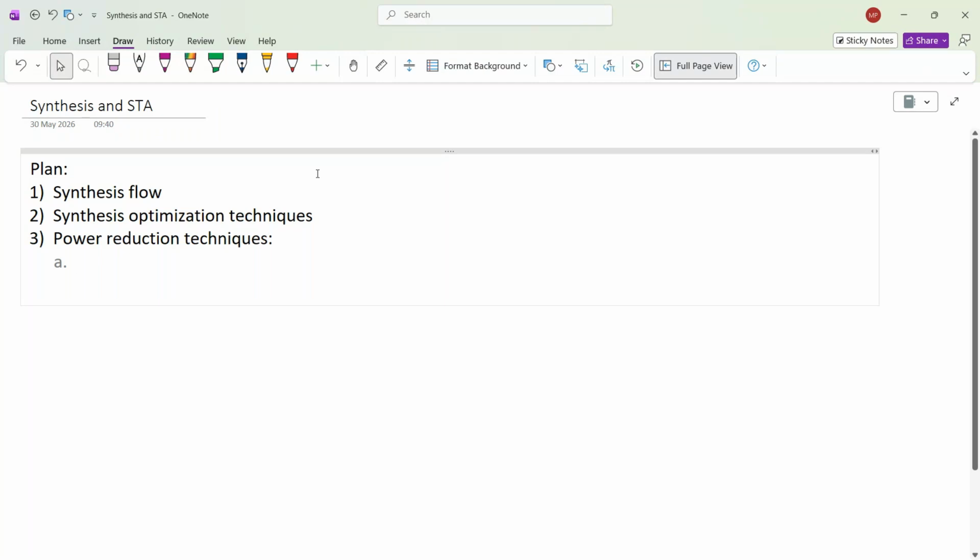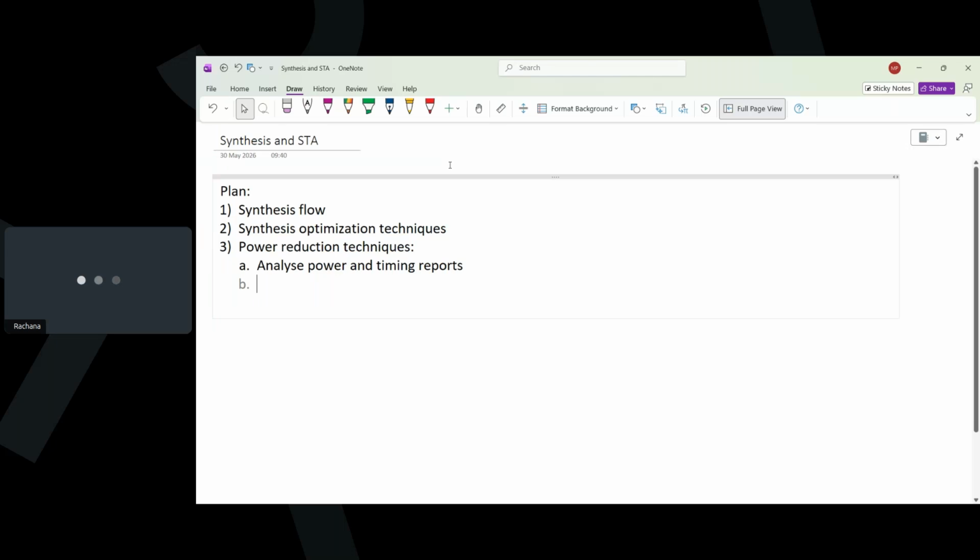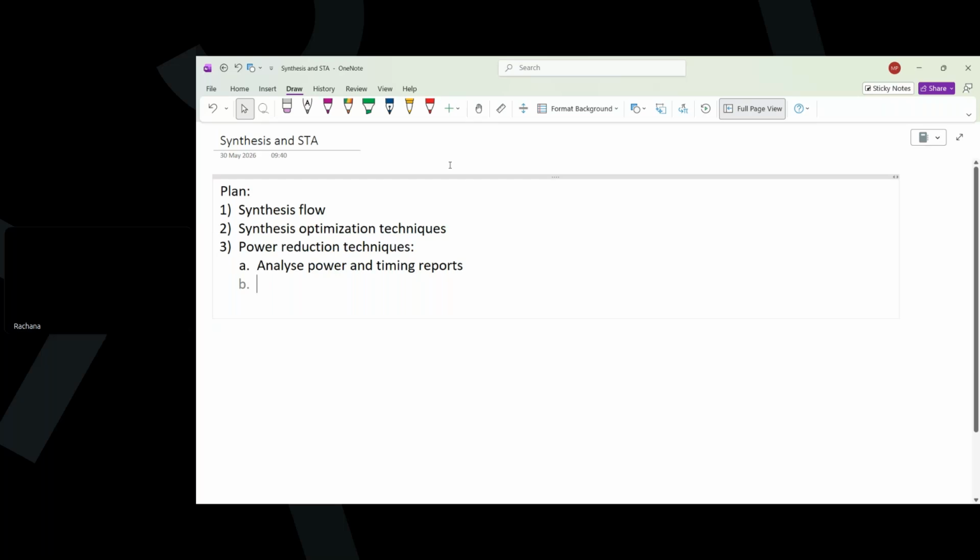We are going to analyze power and timing reports. Always remember that if you want to achieve power, timing will be a trade-off. If you want to achieve good timing, power will be a trade-off, right? How it happens, we are going to see.